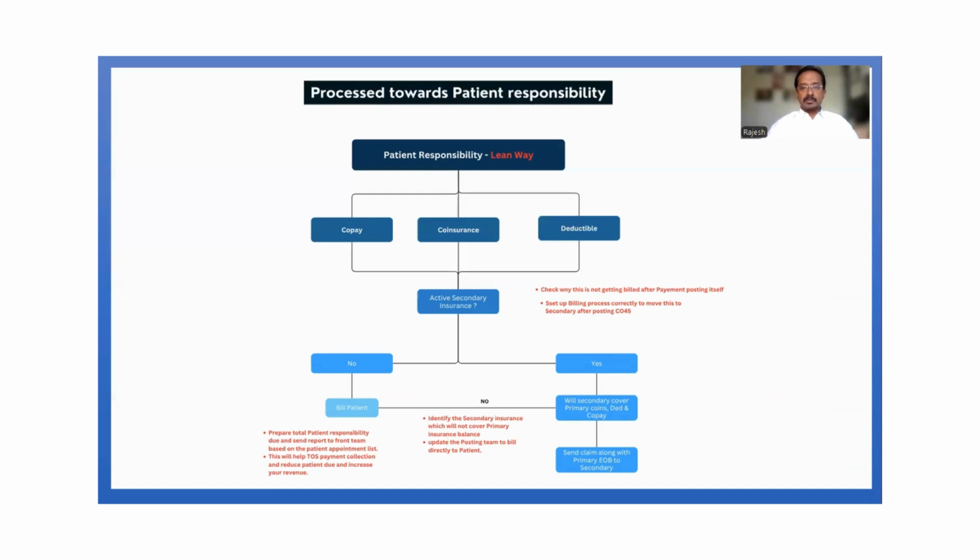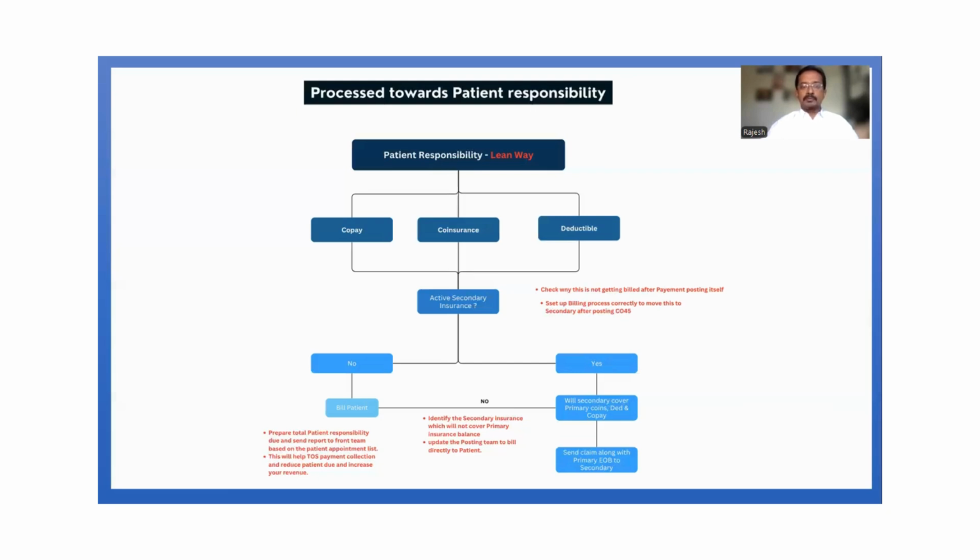In that scenario, you go back to your payment posting team and inform them: if secondary is HealthNet, don't bill it to HealthNet, bill it to your patient. That's the way you need to fix it. Otherwise this will become a challenge and get accumulated in the insurance AR, but actually it has to go to the patient.